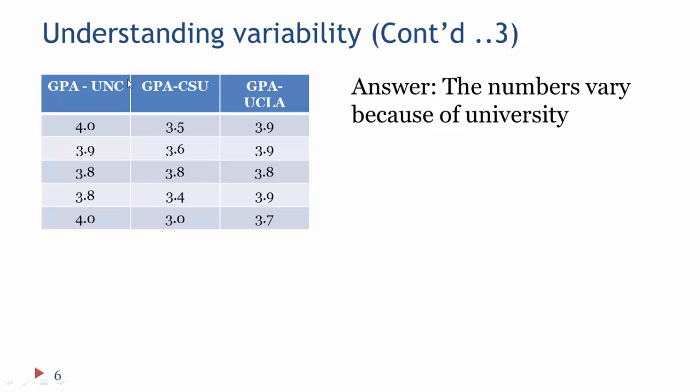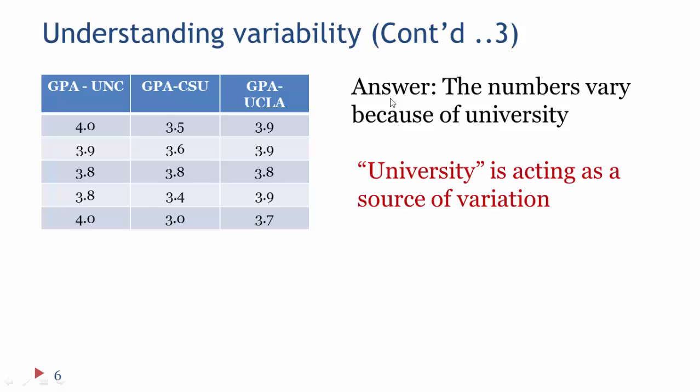Obviously, we can think that the numbers are varying because of the university factor. That's a single factor. Well, you might also be thinking that the numbers are varying within UNC and within CSU, the numbers are not the same, so there is variability within each of these universities.